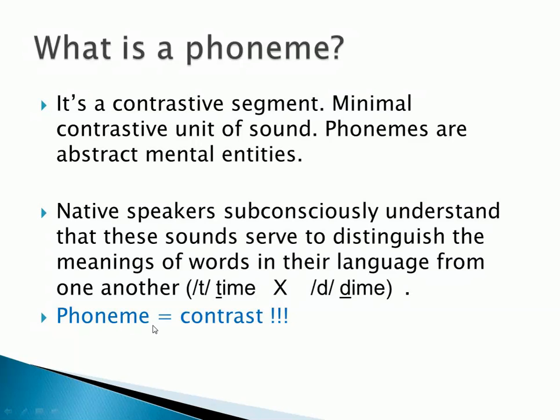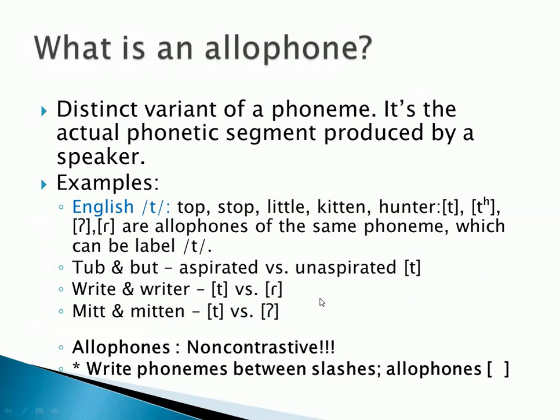Now remember, phonemes contrast. What is an allophone? An allophone is a distinct variant of a phoneme. It's the actual phonetic segment produced by a speaker. For example, when we have the phoneme T, we don't pronounce that T always the same way. You have the aspirated T like tap.